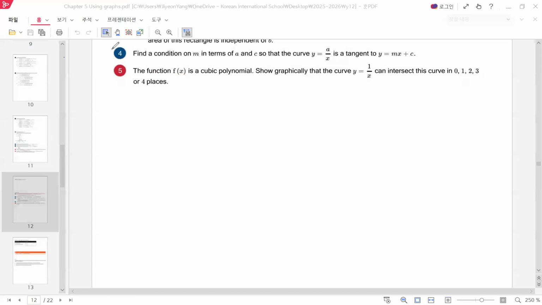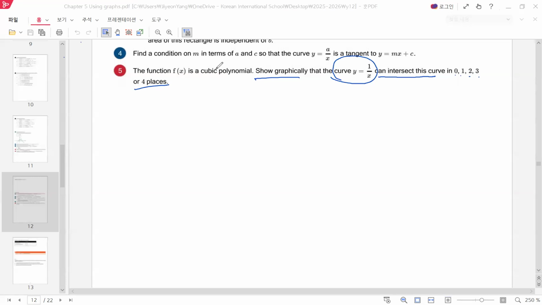The next question: function f(x) is a cubic polynomial. Show graphically that the curve y equals 1 over x can intersect this curve in 0, 1, 2, 3, or 4 places. Okay, it's difficult, right? But since they ask you to show graphically, it means to draw a graph.